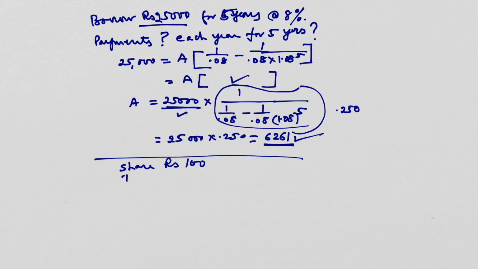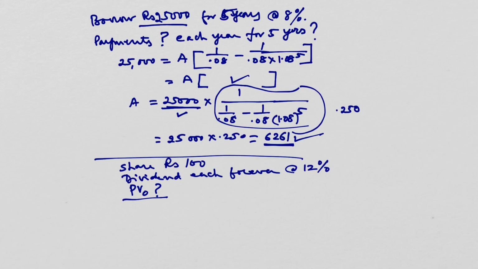and the company promises you a dividend each year forever at 12%. What is the present value of the dividend which you will receive forever? There is a very simple formula for that.